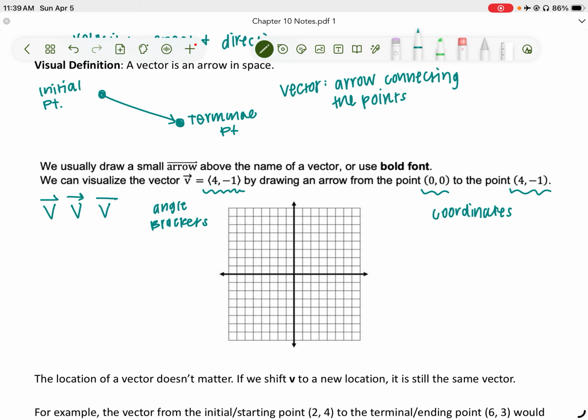The vector <4, -1> can be drawn really anywhere, but the easiest way to do it is from 0, 0 to 4, -1. So here, 0, 0, 1, 2, 3, 4, -1, and then we draw an arrow connecting them, and the arrow is the vector. You could shift this anywhere, and it would still be that same vector. It would just have a different initial and terminal point.